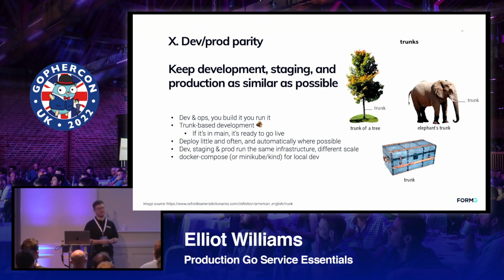So for example, at Form 3, whenever you merge into the main branch of your service, it tends to get deployed to all of our development environments. We're using Terraform workspaces for each of our environments to configure the same application in different environments.